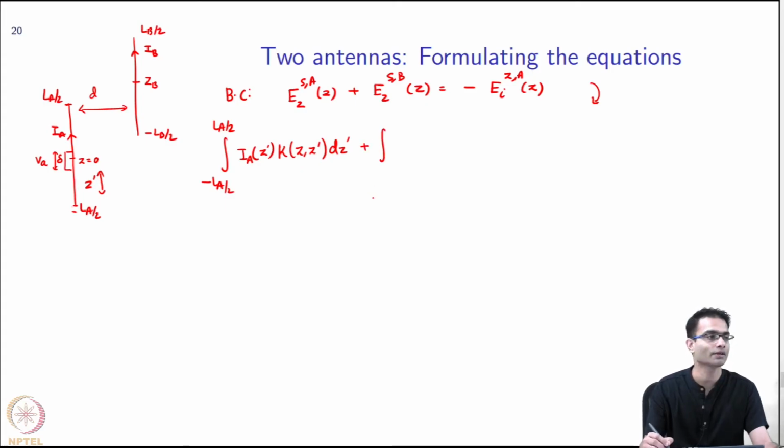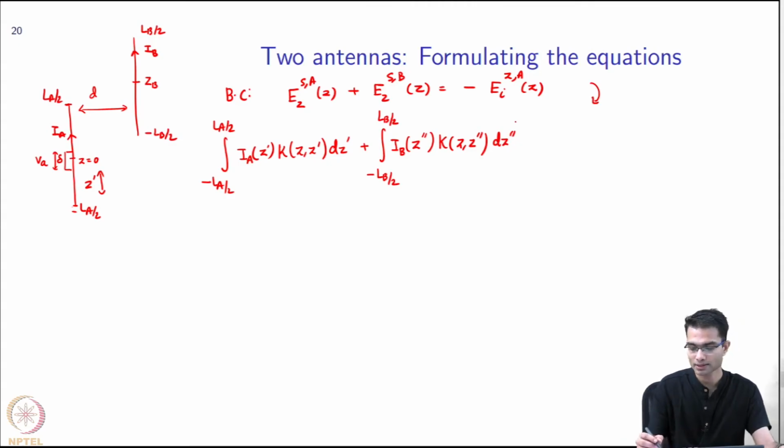Next is the field produced by the current induced on antenna B. So, limits of integration? Minus LB by 2, correct, LB by 2, IB. To make life clearer, I will use some other coordinate, because this is a dummy variable, but let us make it a different symbol, K of Z, Z double prime, dZ double prime.